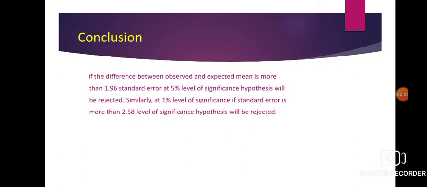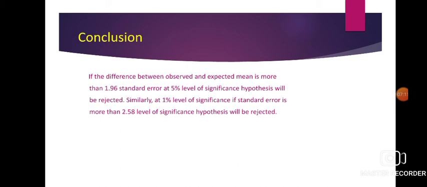At the end, I would conclude my presentation: standard error is used as a base for testing a given hypothesis. For example, if the difference between observed and expected value is more than 1.96 standard error at 5% level of significance, the hypothesis will be rejected, and if it is less than 1.96 standard error, the hypothesis will be accepted.